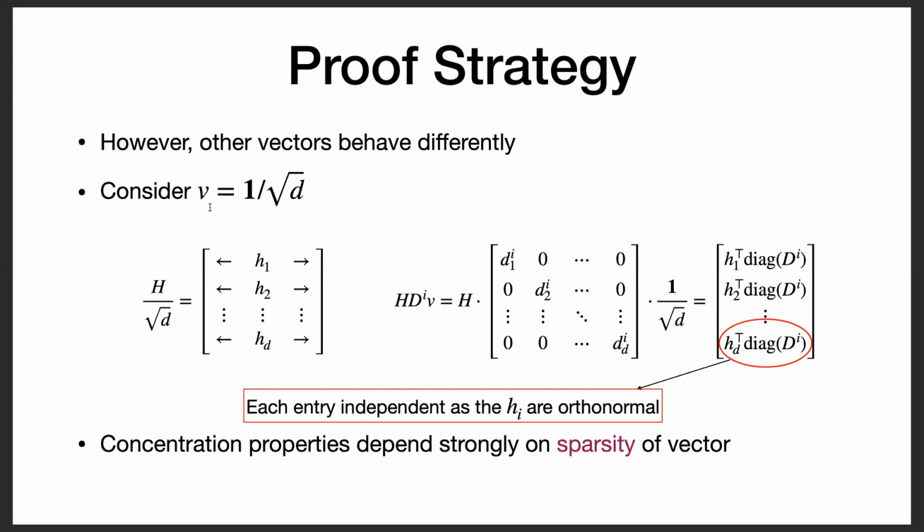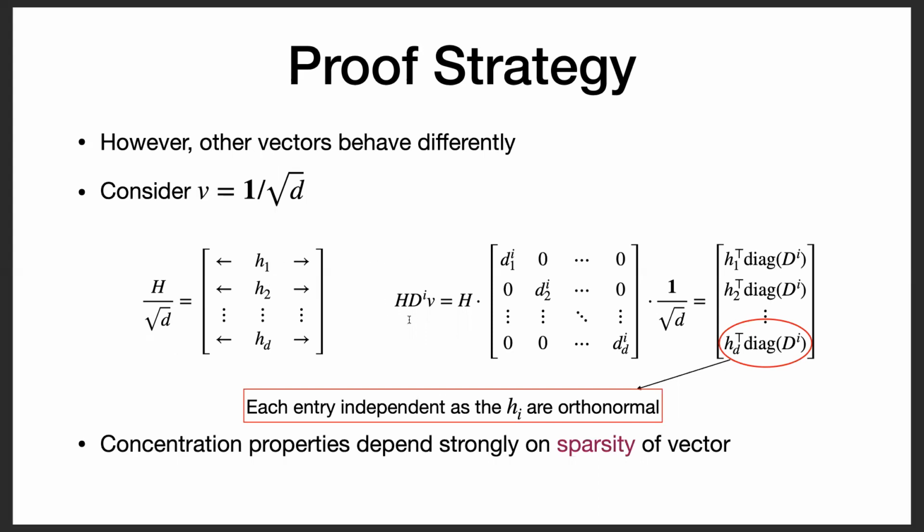For example, consider a much more well-spread vector: the scaled all ones vector, scaled to be unit norm. And we're going to consider a particular scaling of the Hadamard matrix. You're going to scale it by root D, and you're going to denote the rows of the scaled Hadamard matrix as H_1 through H_D. With this scaling, one thing to keep in mind is that the scaled Hadamard matrix is orthonormal.